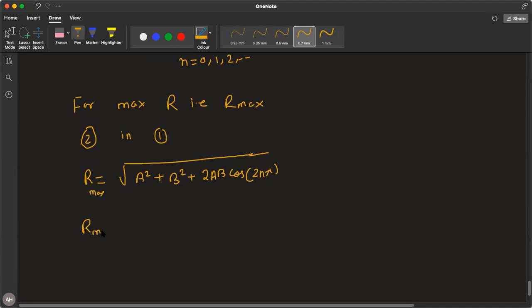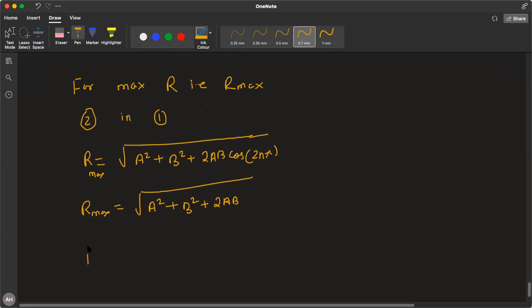Your R max is root over a square plus b square plus 2ab, or root over a plus b whole square.